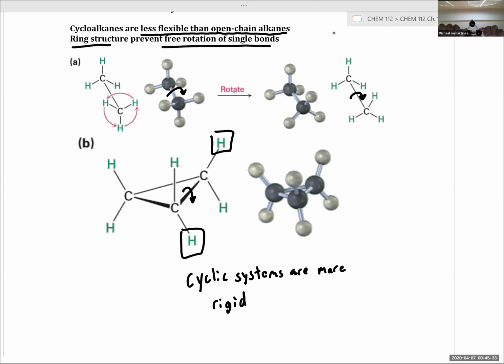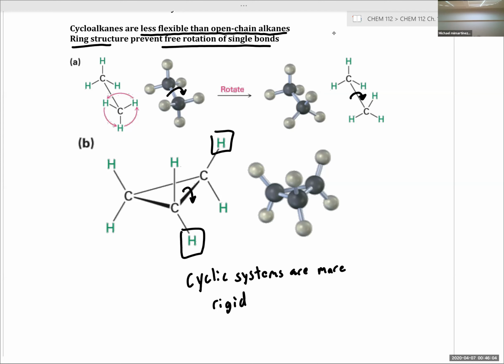This is chapter 4. We're currently on page 4 of chapter 4. Okay, perfect. So if we try to rotate about our carbon-carbon bond, you can see that this cyclic system is a lot more rigid. There's a lot less conformational freedom. And I'll be pulling up the back cam in a moment once we do a few problems.